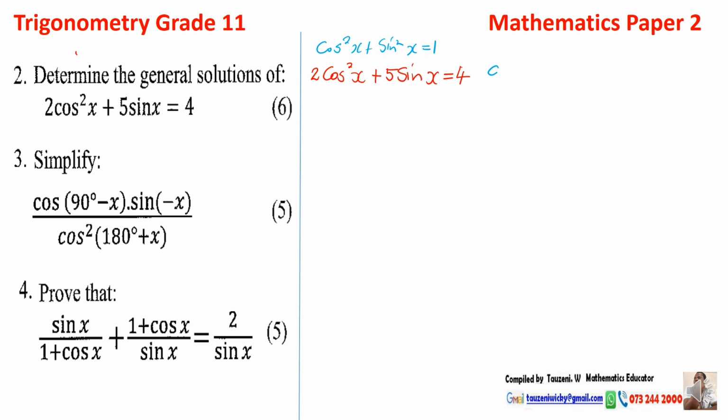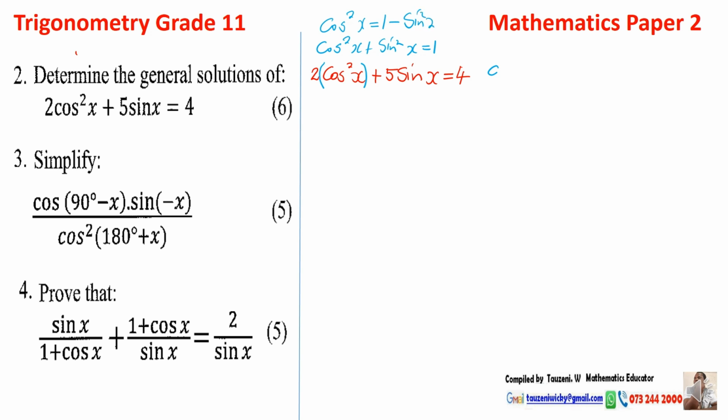How do you go about it? You replace the squared one. Remove this squared one here and replace it. So from this identity, I can move sine squared x to the right hand side. If I do that, then my equation will become cos squared x is equal to 1 minus sine squared x.